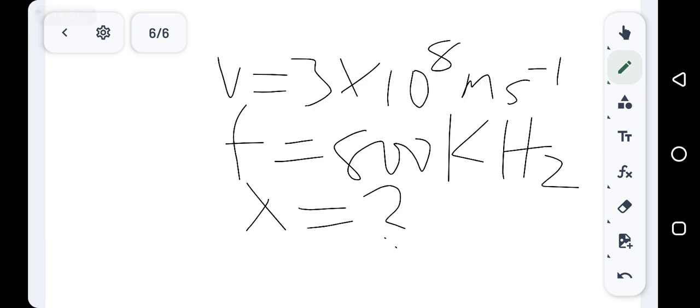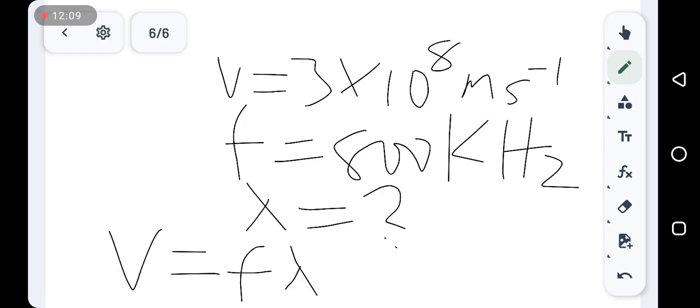We are looking for the wavelength. We recall that we have an equation connecting velocity, frequency, and wavelength, which is V equals F lambda. Before we solve, we must convert the frequency to the normal unit of frequency, which is hertz, not kilohertz.